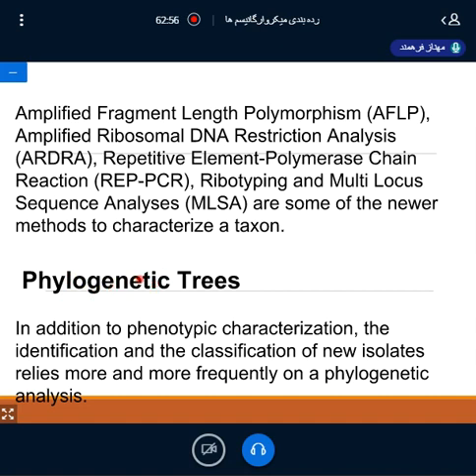Phylogenetic tree. Please write the number of the slide, 24. Slide 24. And the number of part is 3.